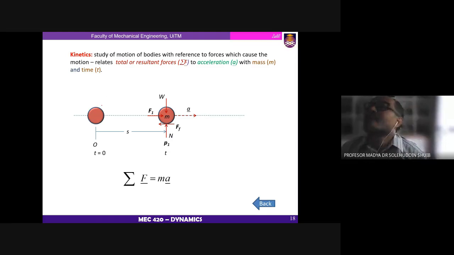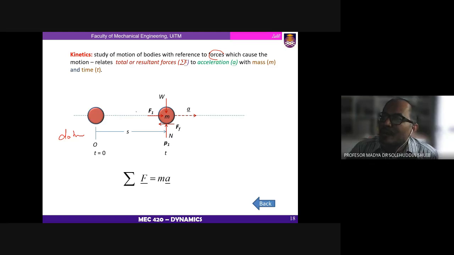Again, as I have mentioned just now, kinetics is the study of motion of the body with reference to the forces which cause the motion. If you look at this particle, same datum, we start with 0 at t equals 0.